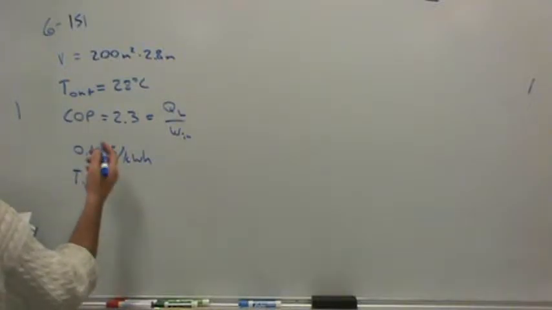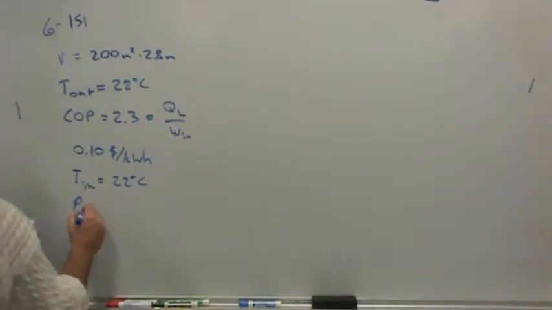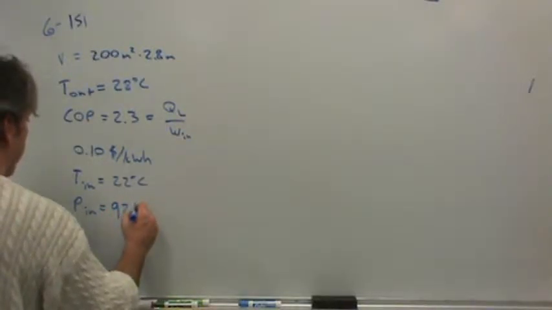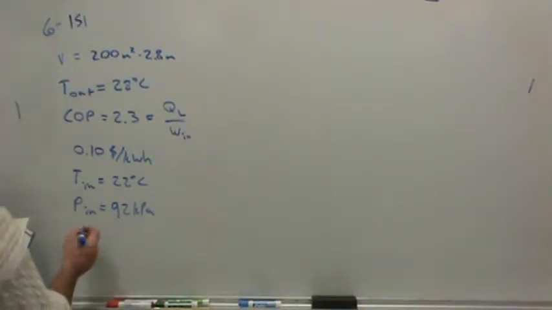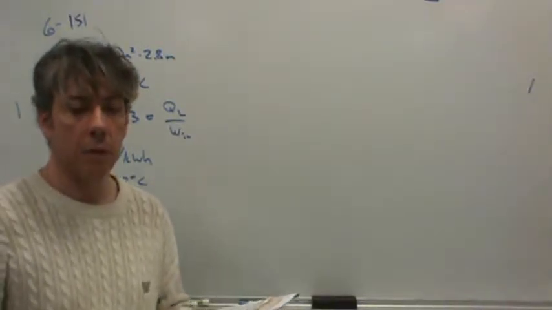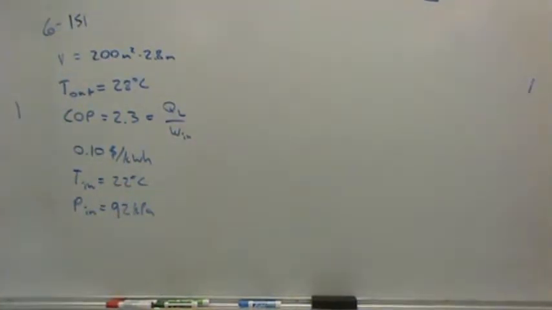Temperature indoors was given in the previous problem. It's 22 degrees Celsius. Pressure given before was 92 kilopascals in the home. And one of the assumptions is that the fan runs and only takes an hour to vent a house full of air. So we're supposed to find out how much that costs. So let's do it.